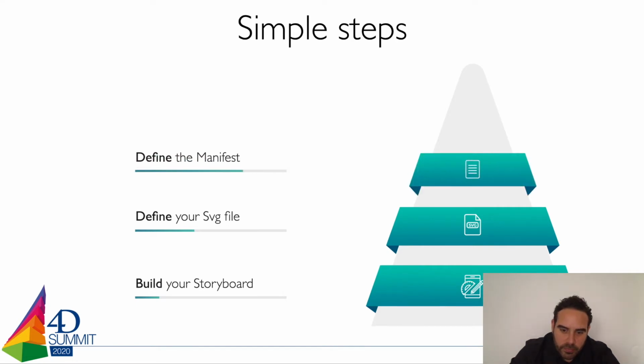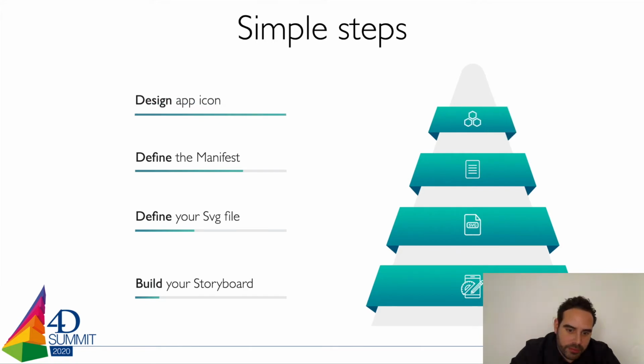The manifest will describe your template, for example, defining the number of fields you want to include, if it's a list form or a detailed form. So you will define all those informations in this manifest file.